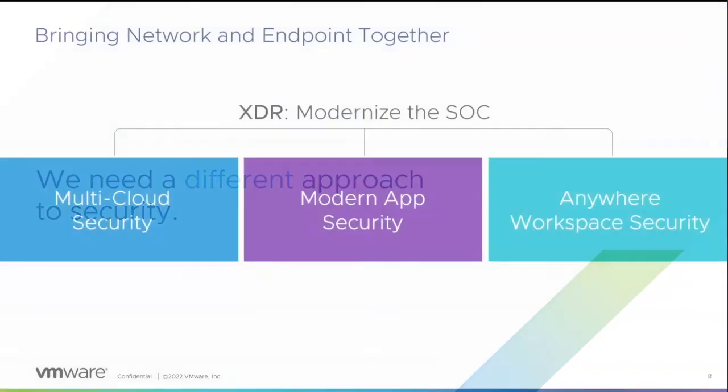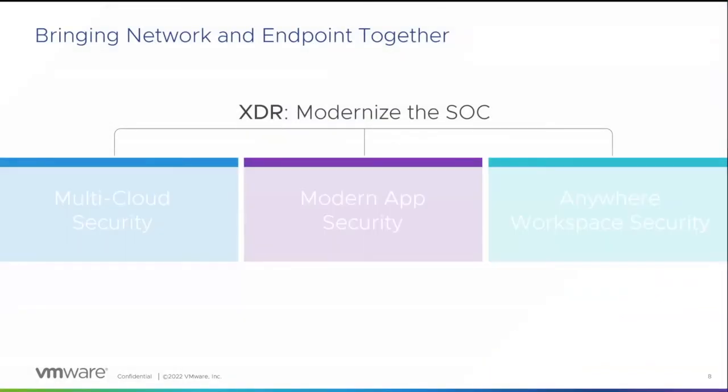So what is VMware doing that's unique? We're approaching zero trust through a combination of secure user access and secure workload access. Our strategy consists of these three broad pillars: multi-cloud security, modern app security, and the anywhere workspace.